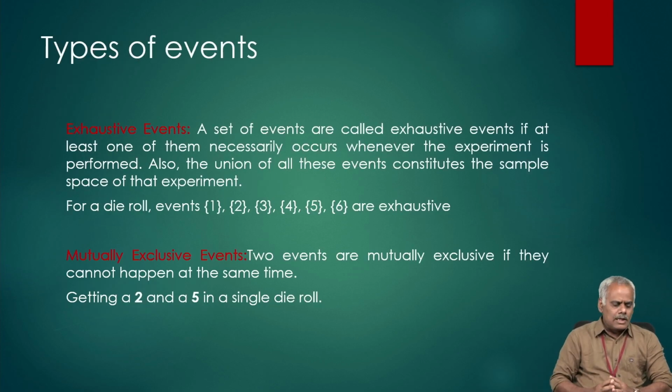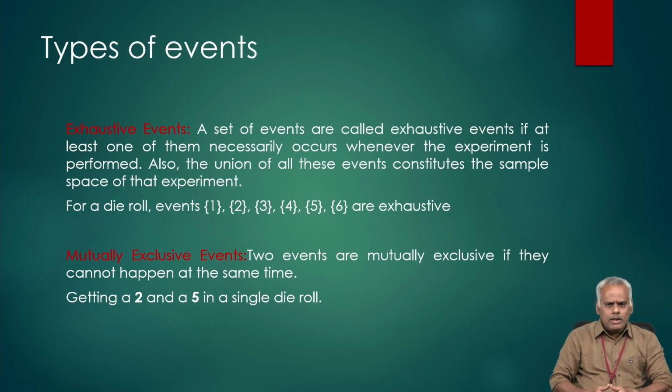Now next, let us classify events. This helps us apply appropriate probability rules. Here we have exhaustive events, mutually exclusive events, equally likely events, and simple events and compound events. Now exhaustive events are nothing but the set of all possible outcomes of a random experiment.